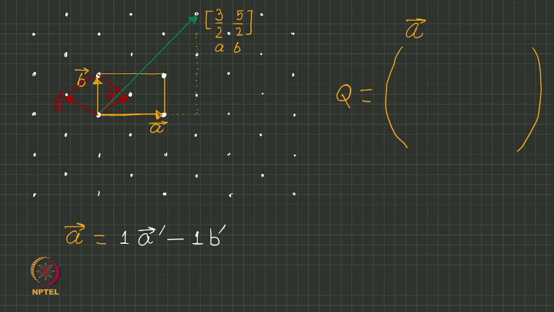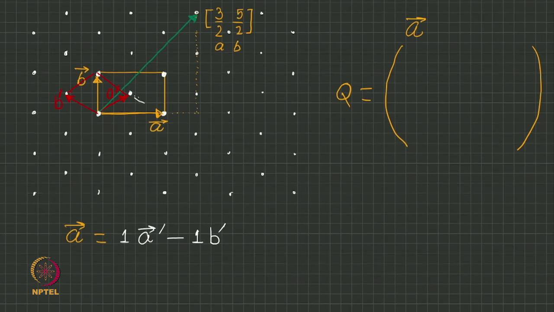We are seeing that if you take A prime and then add a minus B prime, you will arrive there. Which means this matrix, which is now only a 2 by 2 matrix, has the first column as 1 and minus 1, the components of A in terms of A prime and B prime.